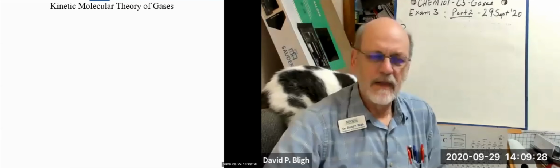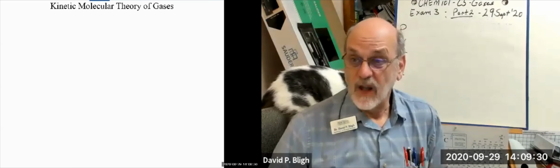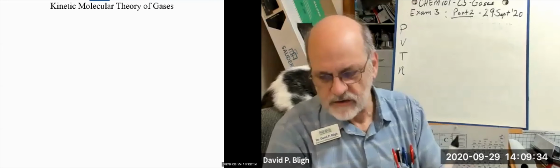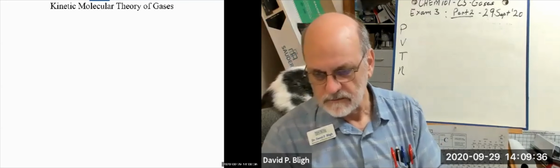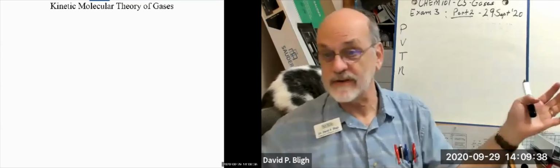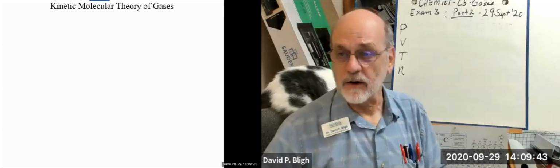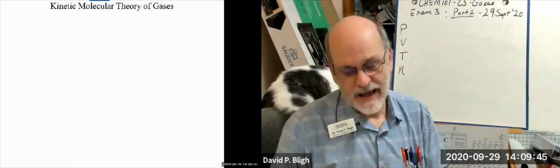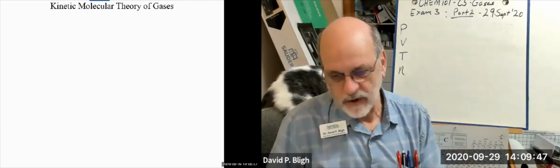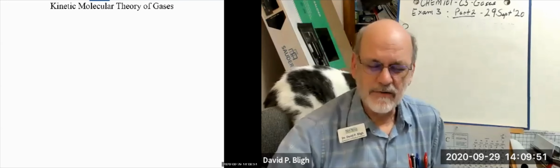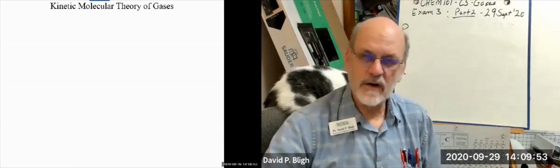Okay, so up to this point, we've been talking about laws, right? Laws just say, this is what happens. If these are the conditions, you always get this result. I don't know why, it just happens that way. The kinetic molecular theory of gases, we've touched on it up to this point a little bit, but this is a formal presentation of the kinetic molecular theory of gases.